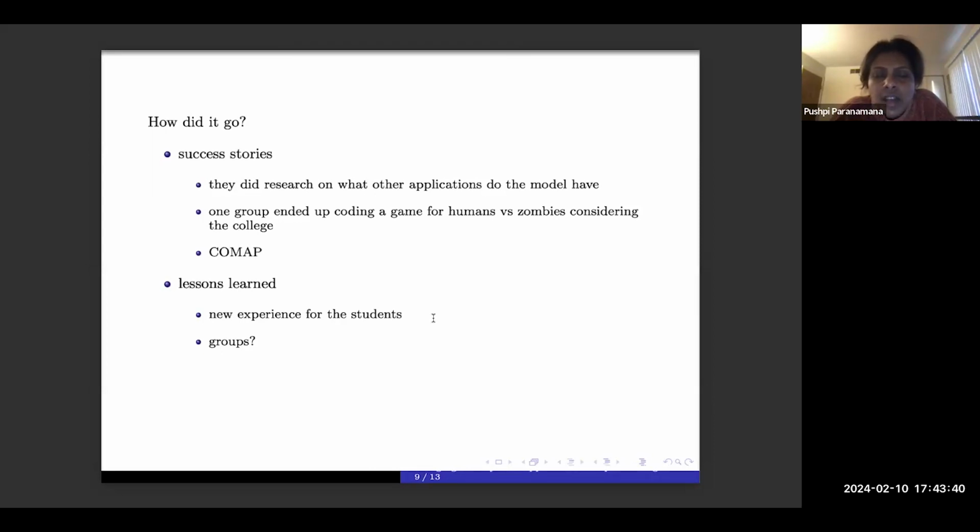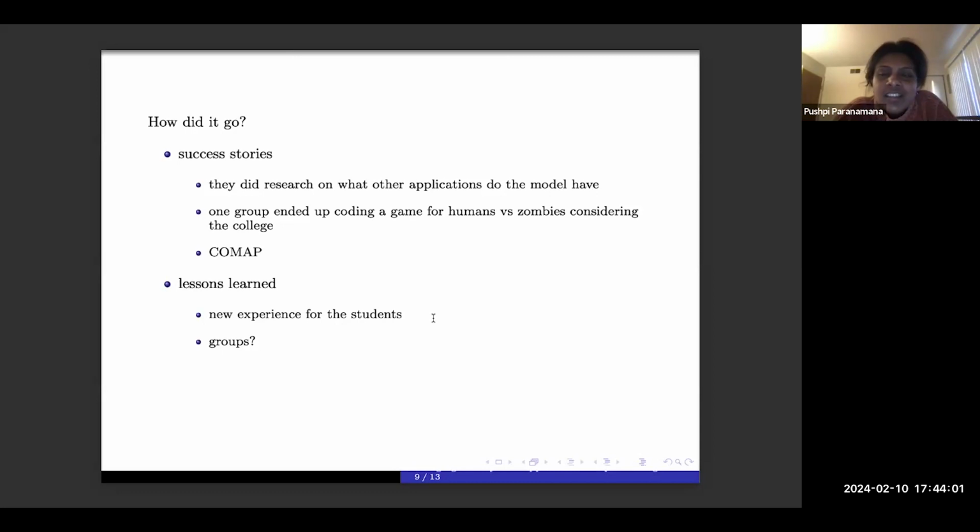They found how to use this to model cardiac pulses. They read about those things, and then they were so excited to present them to the class.